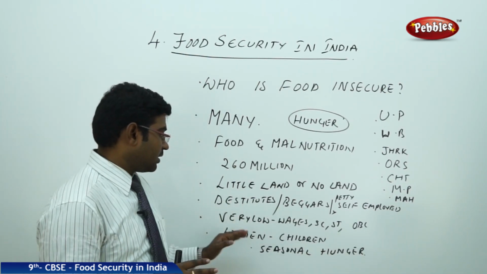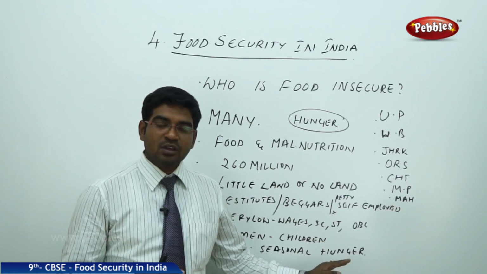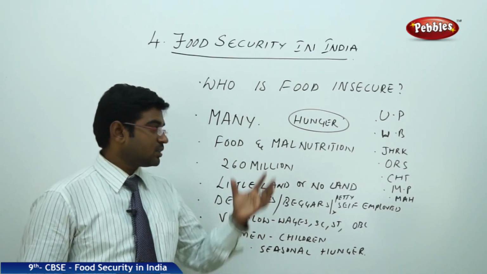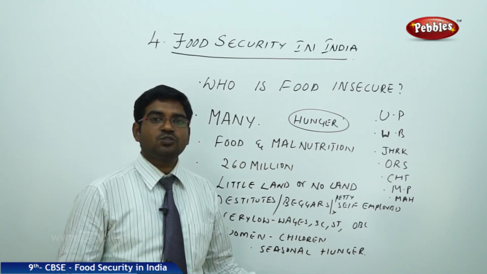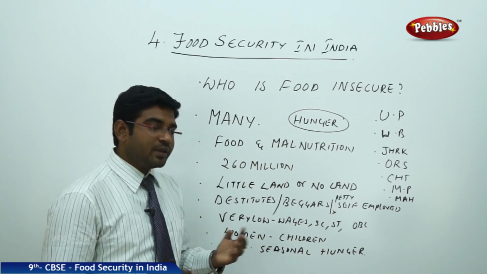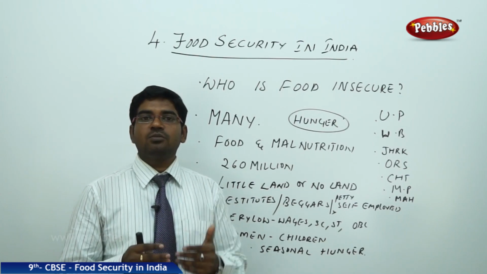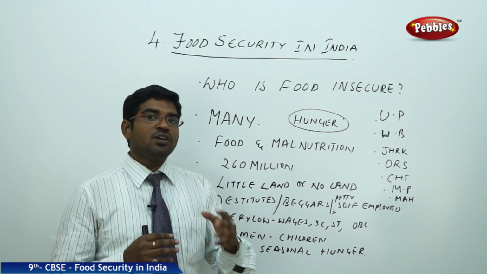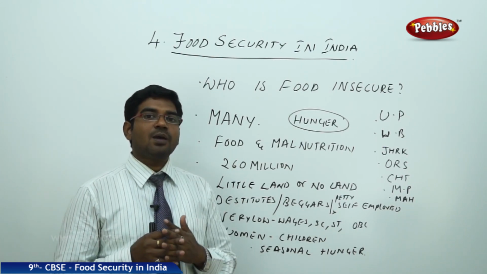And moving on further, women and children. Women are the most vulnerable group among all the sections of the population we discussed, because men and women don't get the full amount of food, but women have the responsibility of carrying the family forward.